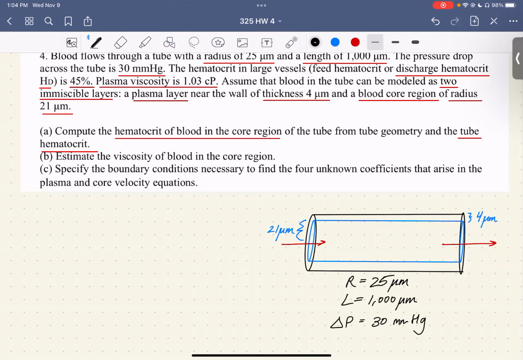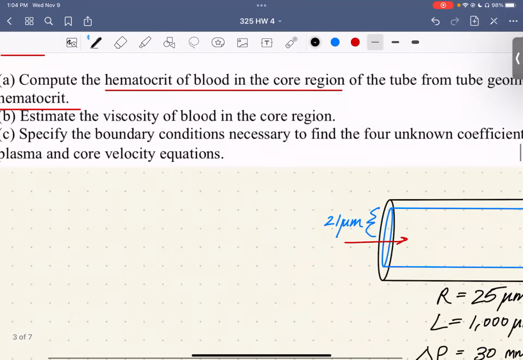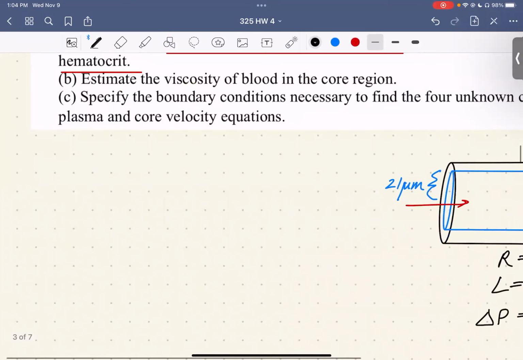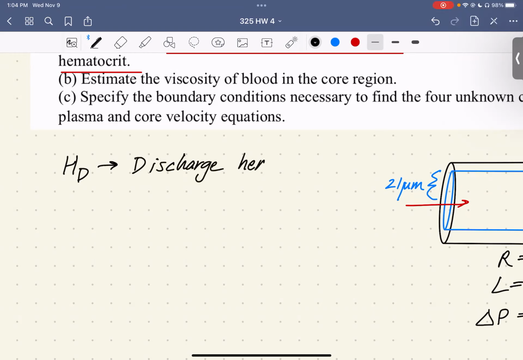First, the discharge hematocrit is defined as HD. This is the discharge hematocrit. And essentially, this is the volume fraction of red blood cells inside the vessel, which is delivered by flow.